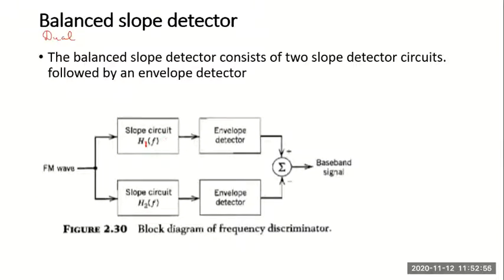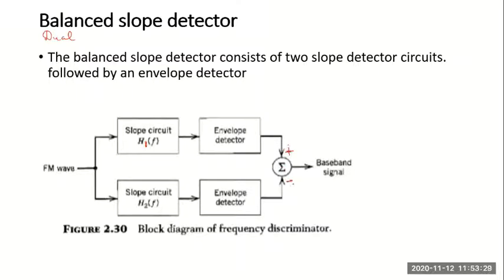And now, as usual, we feed the output of the slope circuit to an envelope detector in both the arms. Upper arm as well as lower arm, both are fed to an envelope detector after the slope circuit. Now, the usefulness of this dual slope detector comes in this last step. We use a subtractor. As you can see, everything is indicated with a summing sign only, but you observe the signs here.